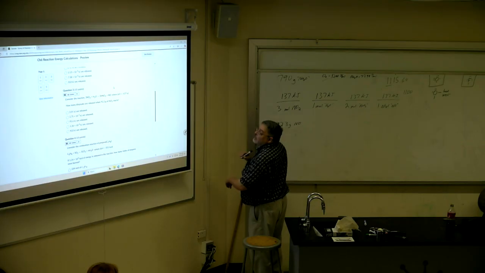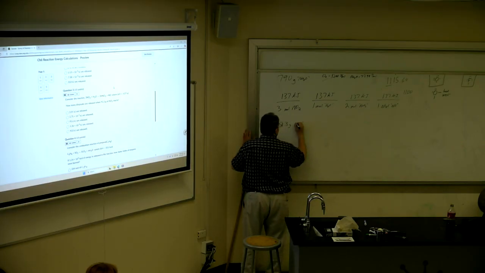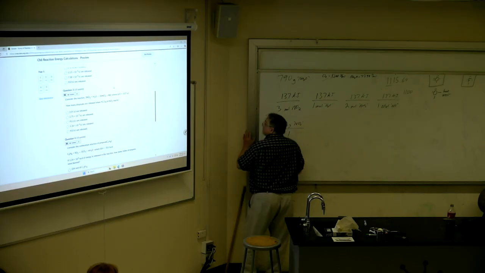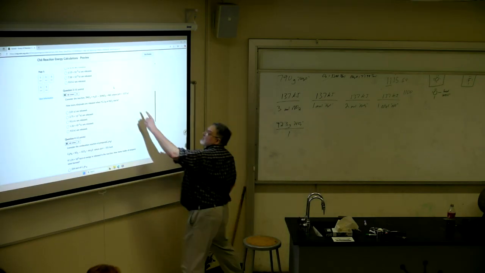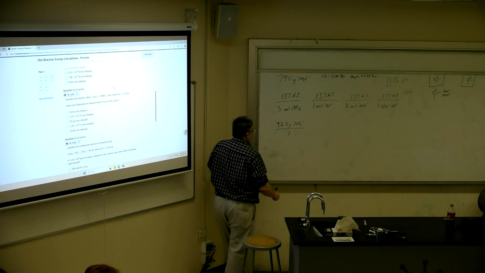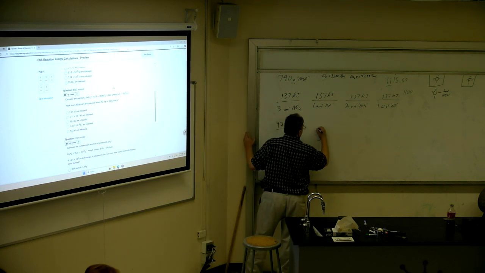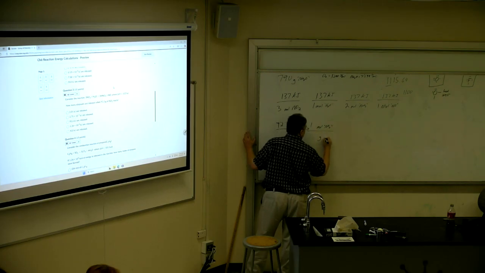So this is saying 92.3 grams of NO2 reacts. How many kilojoules are produced?